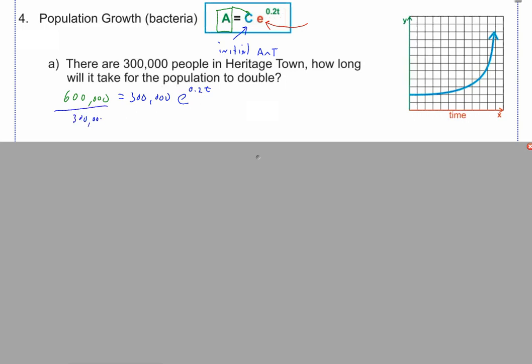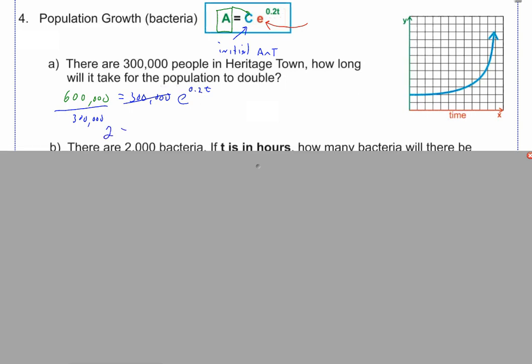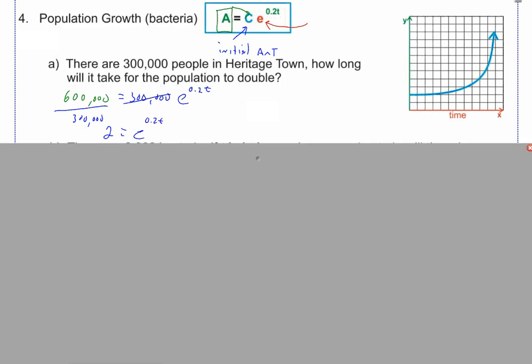Since it's multiplied times the variable part, you divide both sides by 300,000. Newsflash: what is 600,000 divided by 300,000? 2. And what are we doing? We're doing a double.